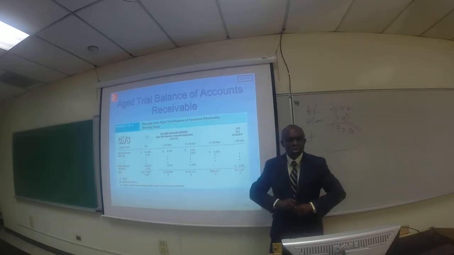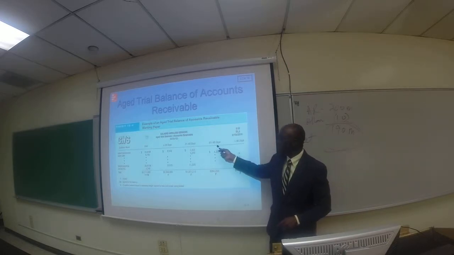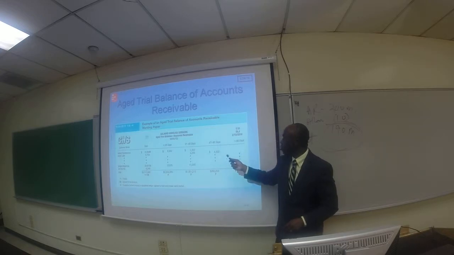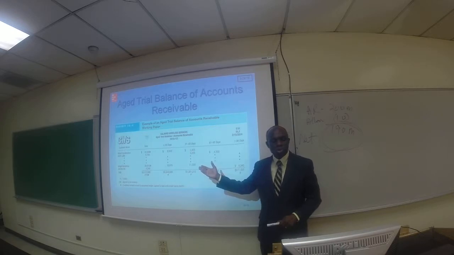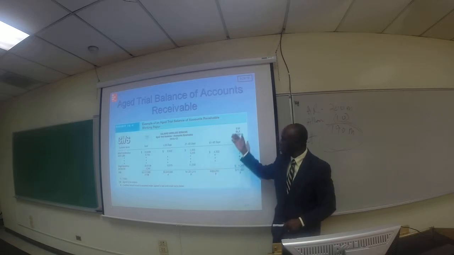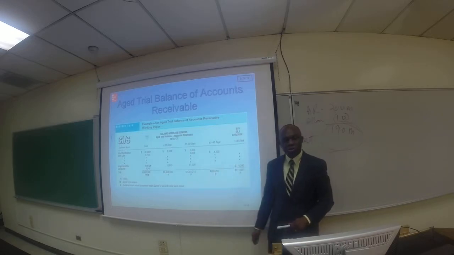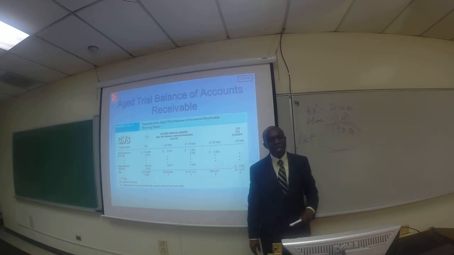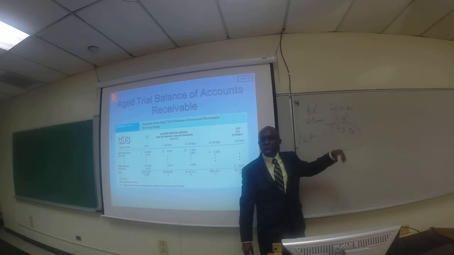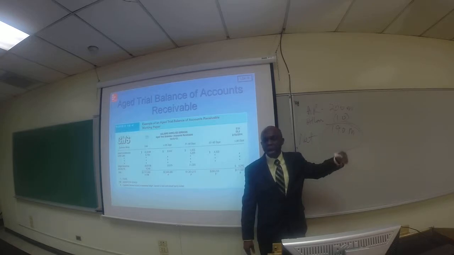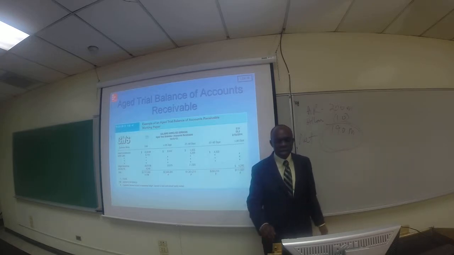Because if most of the receivables are 60 to 90 days old, or maybe more than 120 days old, and this is a situation whereby most customers pay within 30 days, then we know that most of these accounts receivable very likely will not be collected. Therefore, we are going to watch out to see whether enough allowance for uncollectible accounts or enough provision for uncollectible accounts was made by the client.